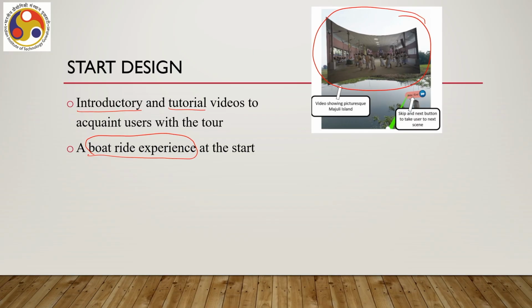So, in the starting part we gave the feeling of being transported by a boat from the mainland bank of the river to the island side of the same river. We have done this using a 360-degree boat ride video, so the user gets the feeling of actually traveling through a boat from the mainland to the island.